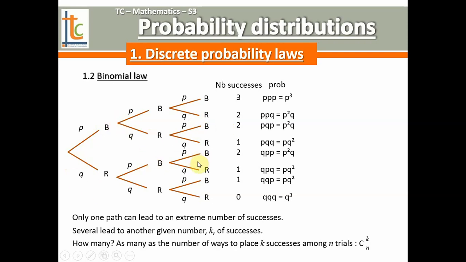And in general, the number of ways to choose k locations among n places is the number of combinations C n, k. So for example, here for 2 successes with a tree that contains 3 levels, you've got to calculate C 3, 2.